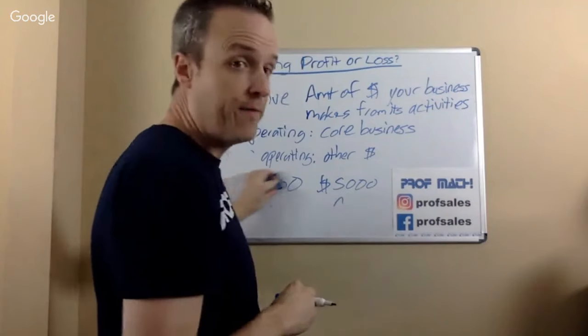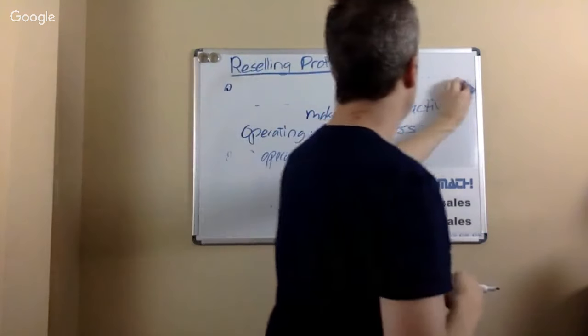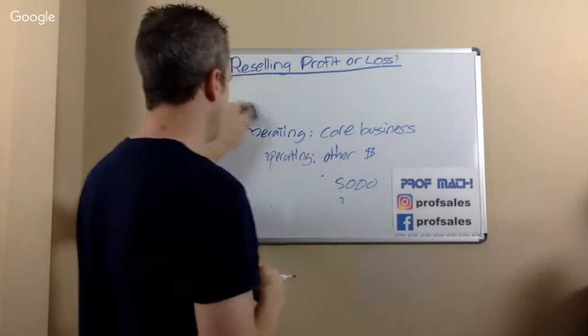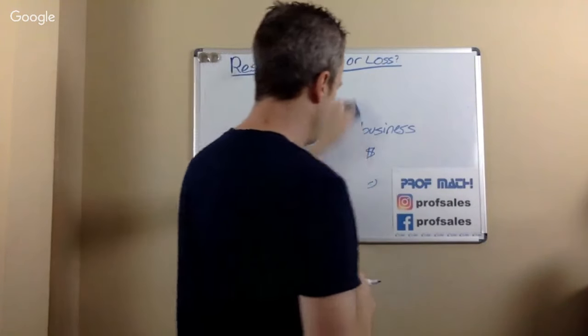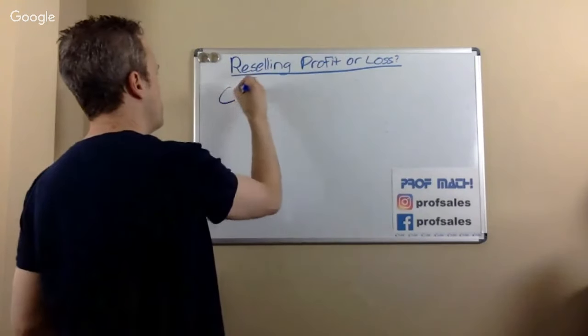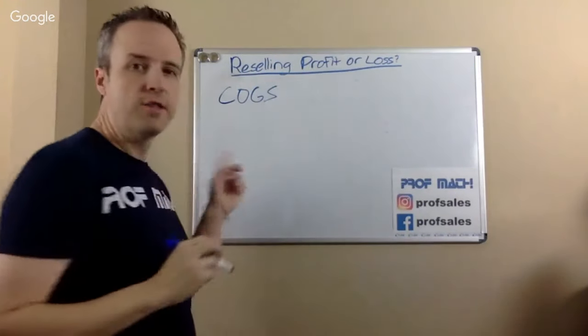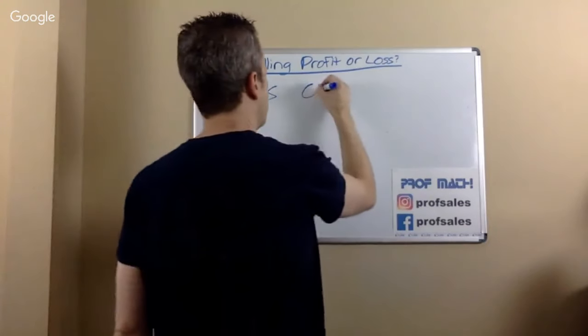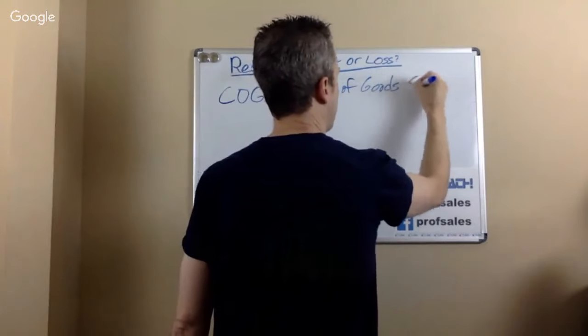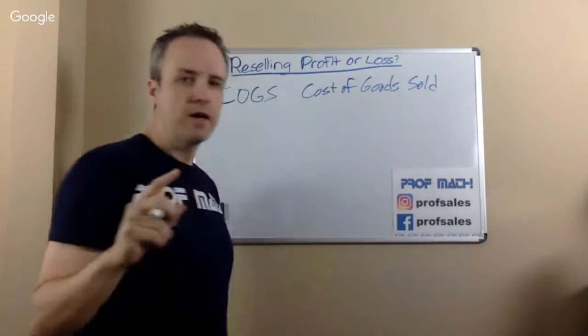Next topic, one of my favorites. And I'm going to erase this so we have plenty of room to see and write. Cost of goods sold. So let me spell that out. Cost of goods sold.